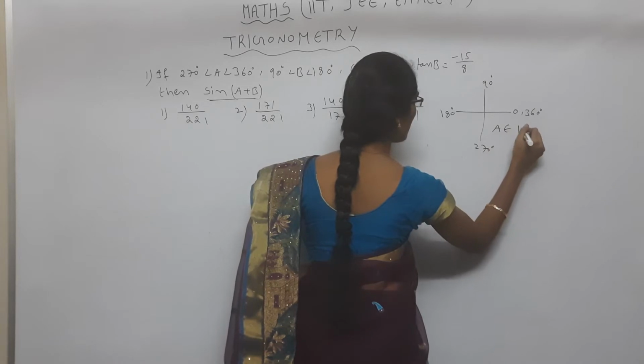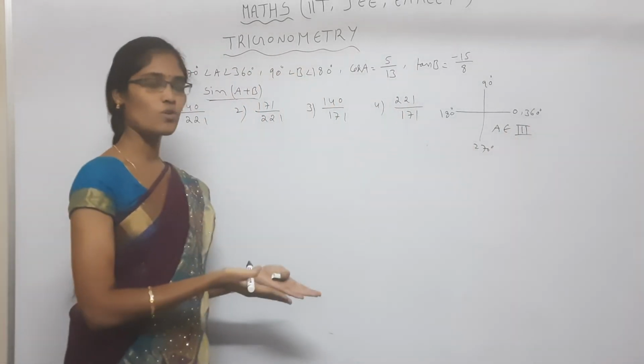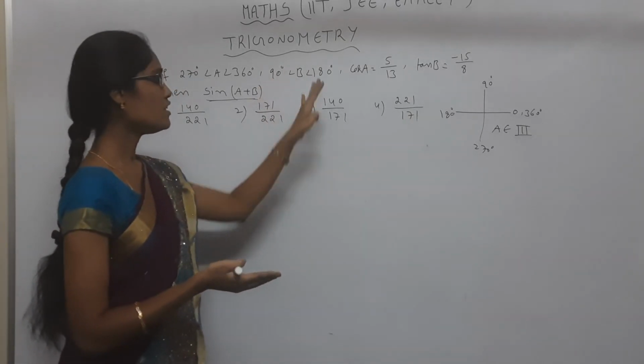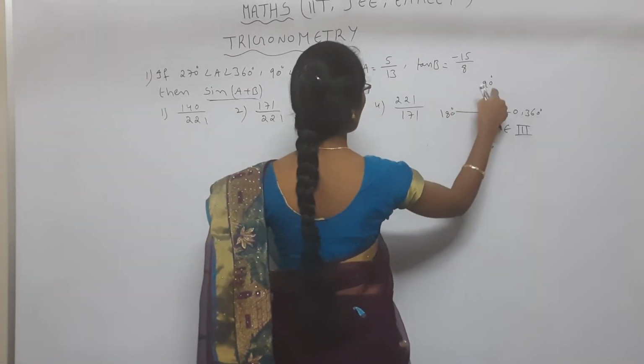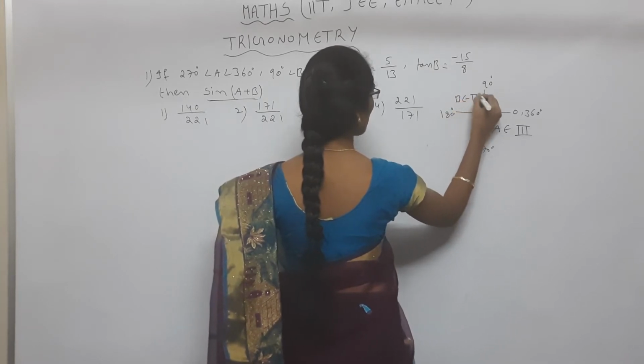So angle A, which quadrant? Fourth quadrant. Okay, A belongs to the fourth quadrant. Next, B lies between 90 and 180. So B belongs to the second quadrant.